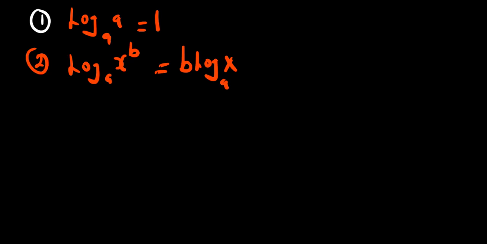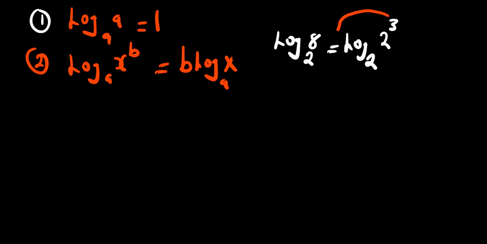An example that we can give on this one is, let's say, log 8 with base 2. What I'm going to do is write 8 as 2 to the power 3, right? Then the base is 2. What is going to happen is that the 3 is going to drop and come in front of the log. So we are going to have 3 times the log of 2, base 2.